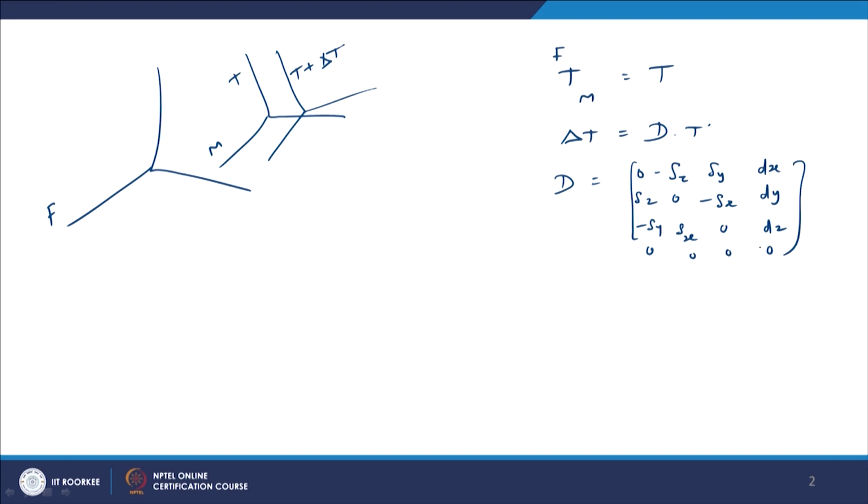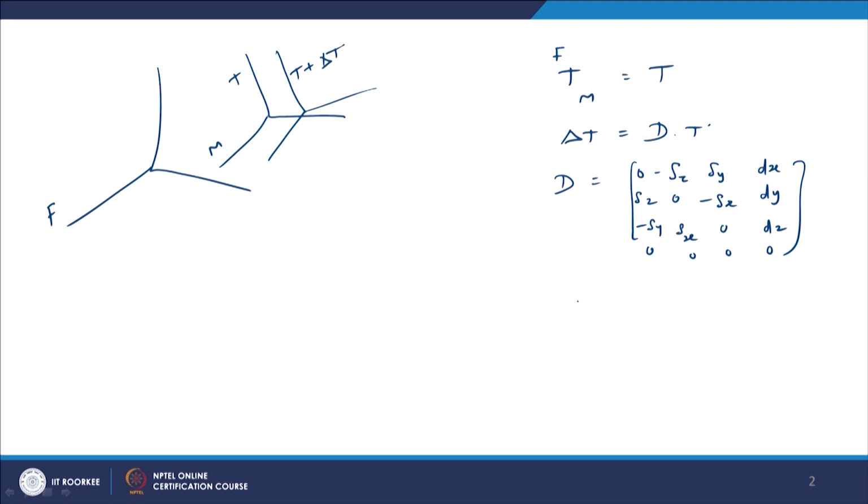The differential operator D is given by a 4 by 4 matrix, where dx, dy, dz represent the small translational components along the x, y, z direction of the f frame, and del x, del y, del z are the small rotational components about the x, y, z axis of the f frame.